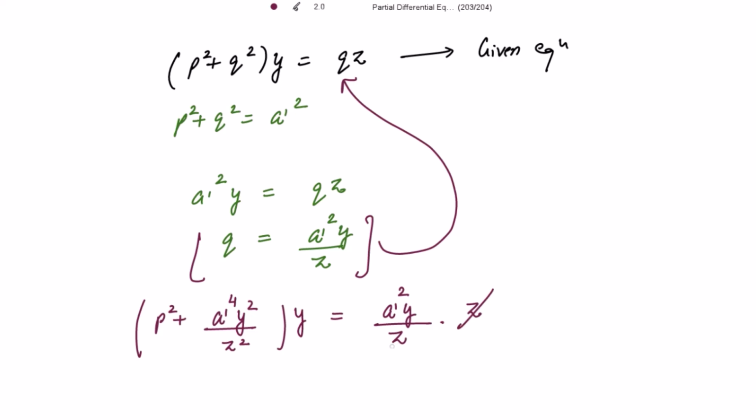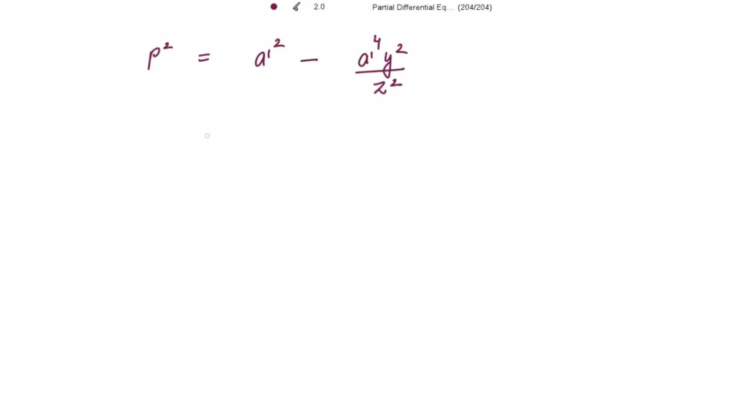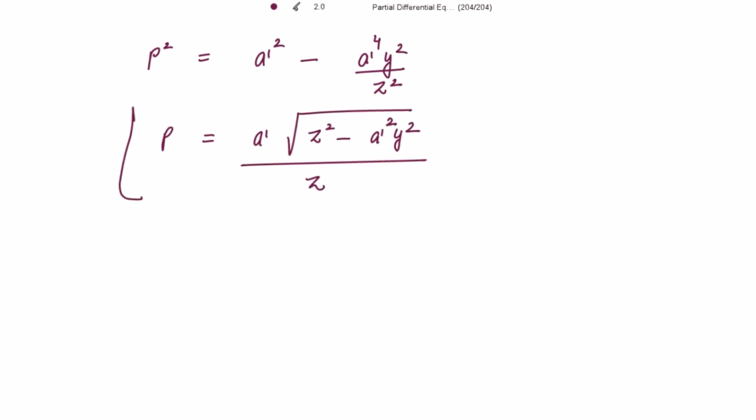Into z, z cancels out, and this y is also cancelled from both the sides. So we have now p square equal to, I'm taking this term to the other side, so p equals the square root of, okay, let me take a dash square outside of the square root. So we have got this to be the value of p.